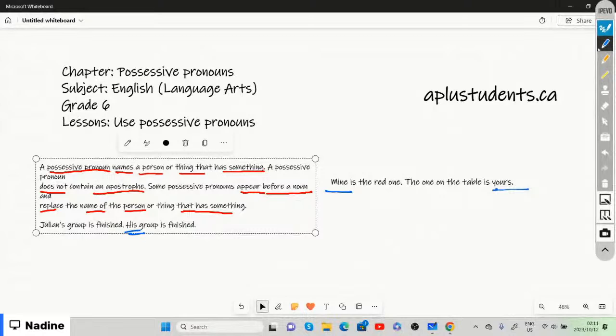We made an example of Julian: Julian's group is finished, his group is finished. Mine is the red one, and the one on the table is yours. So these are but a few examples of possessive pronouns.